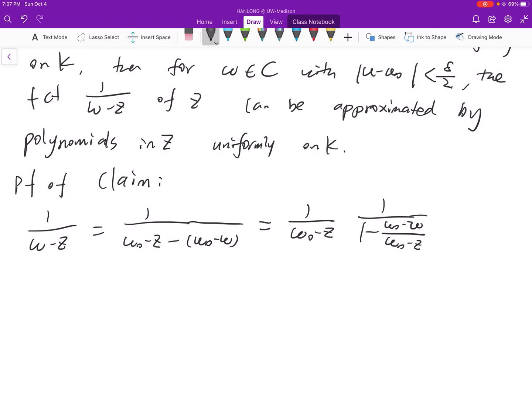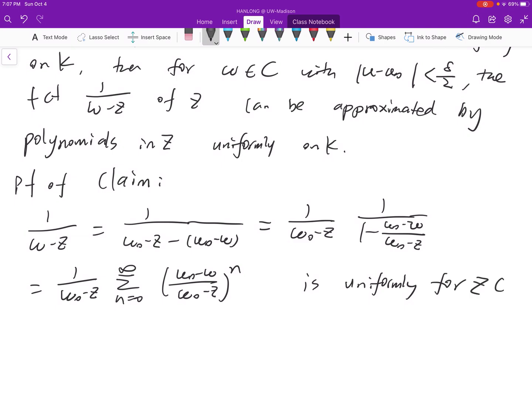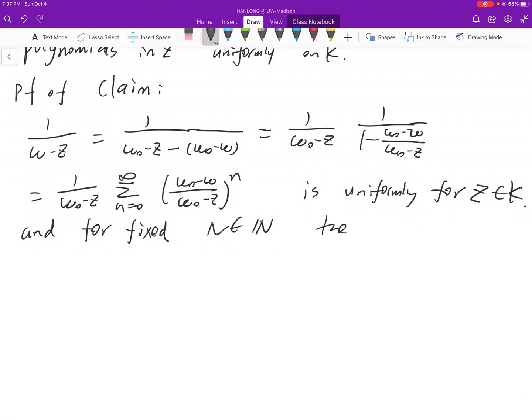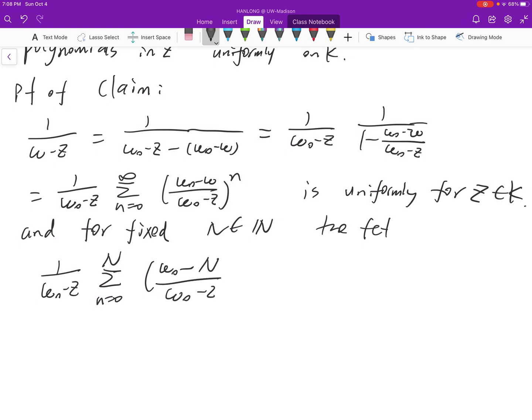Because of the assumption, we know that the following Taylor expansion, the power series expansion, is allowable and also uniform for z in K. For a fixed positive integer N, the function 1 over (omega_0 minus z) times the summation from 0 to N of ((omega_0 minus omega) over (omega_0 minus z)) to the nth power.